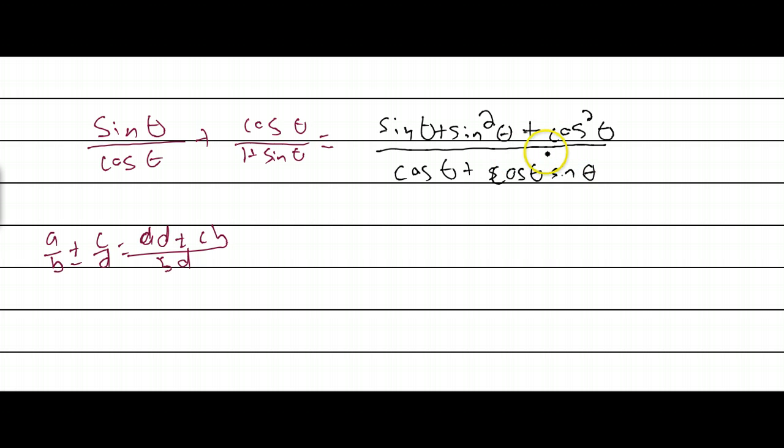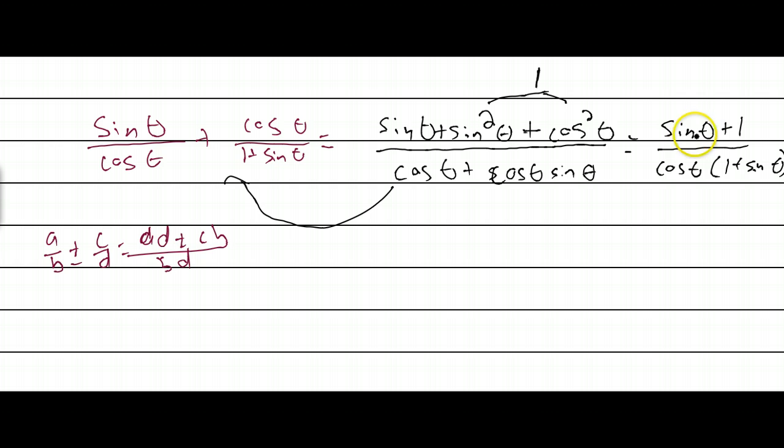Alright, so now we have to simplify this. We have sine squared plus cosine squared, which we know is 1. So you're going to be left with sine theta plus 1 over cosine theta times 1 plus sine theta.